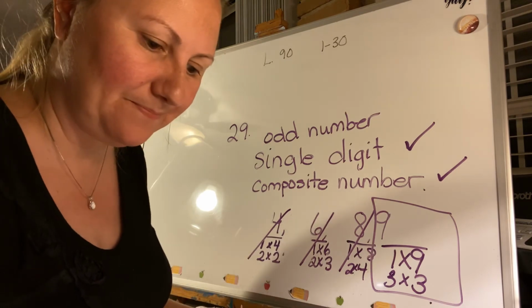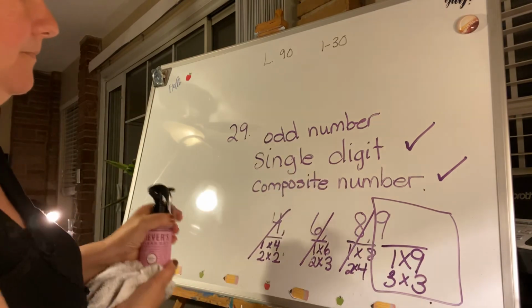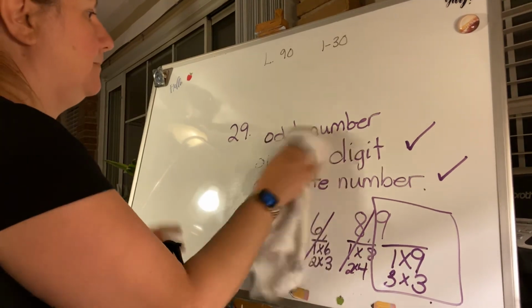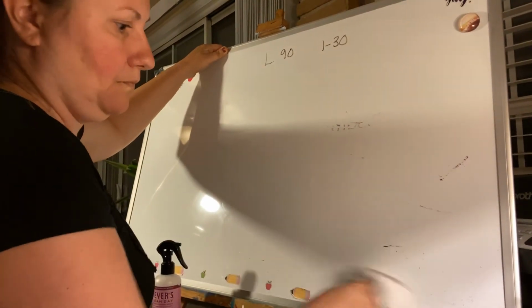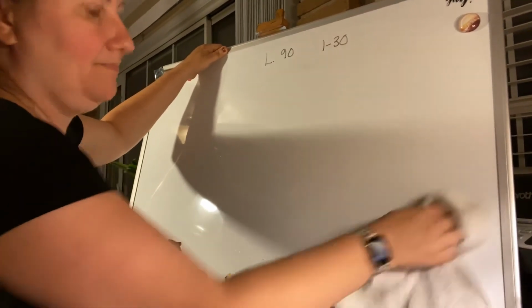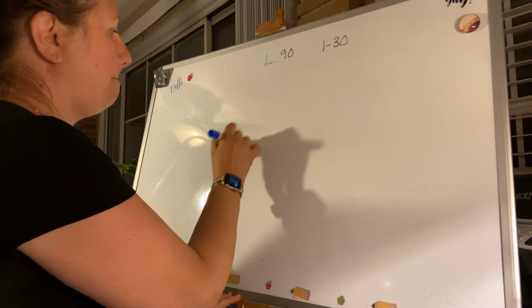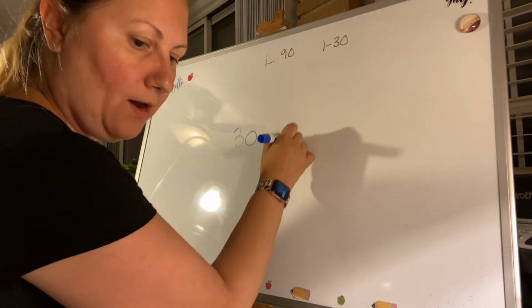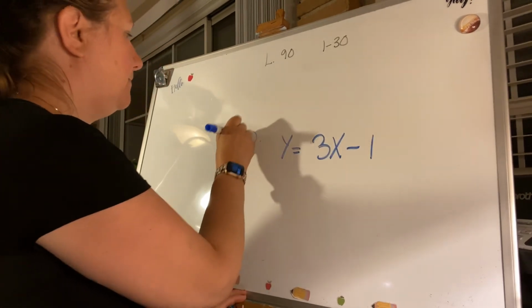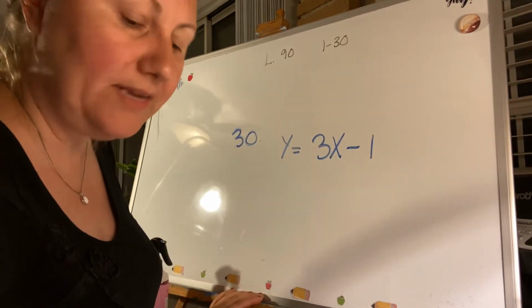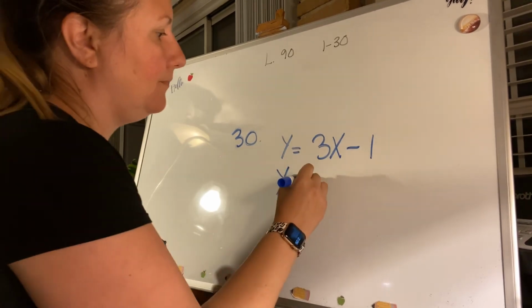Okay, very good. Lastly, we have number 30. Number 30 says, if y equals 3x minus 1, what is y, we're still looking for y, when x is 2?